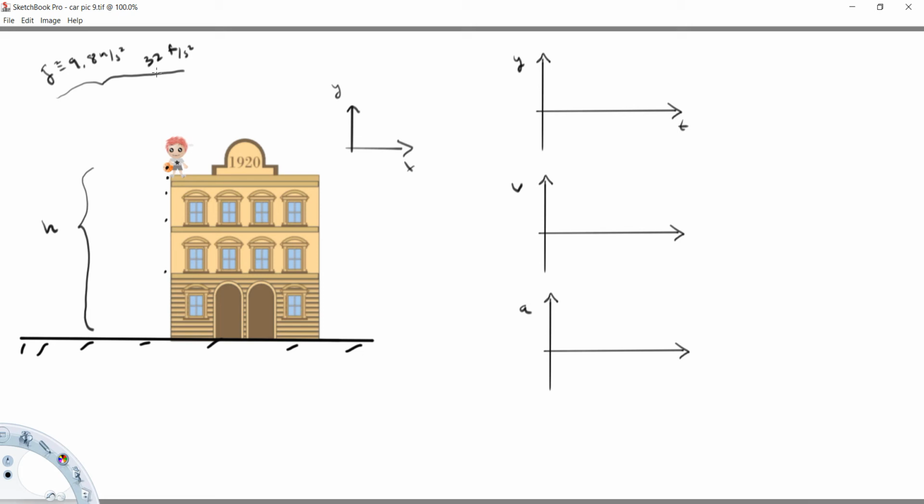So we're just going to assume for now that this ball will accelerate down at about 9.8 meters per second squared. So we have our motion diagram showing the distances between the ball increasing with time.